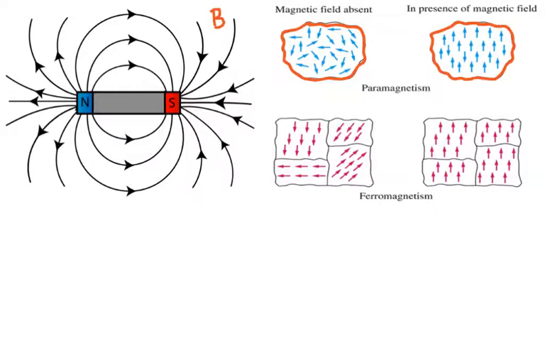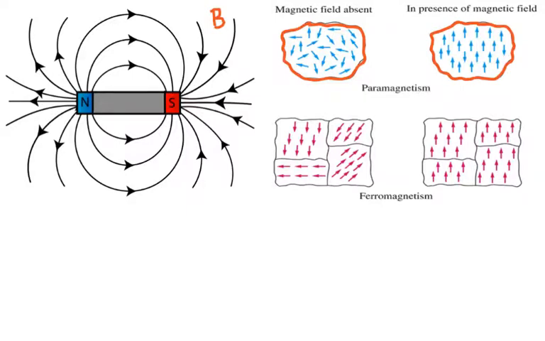The material becomes magnetized because the molecules in magnets are arranged so that their electrons spin in the same direction. And so this would be in a permanent magnet.